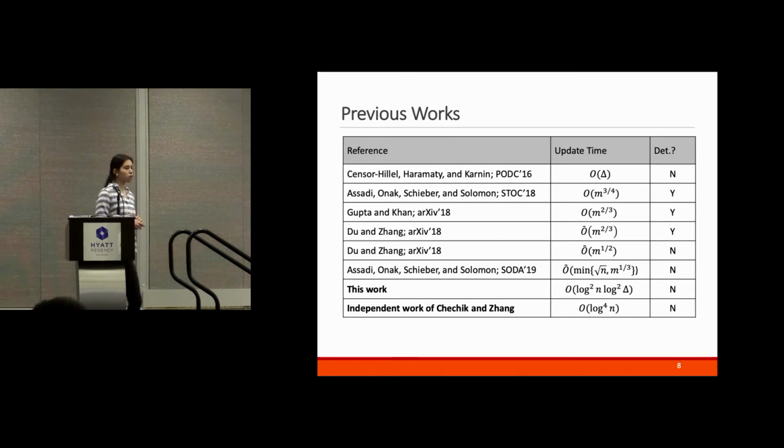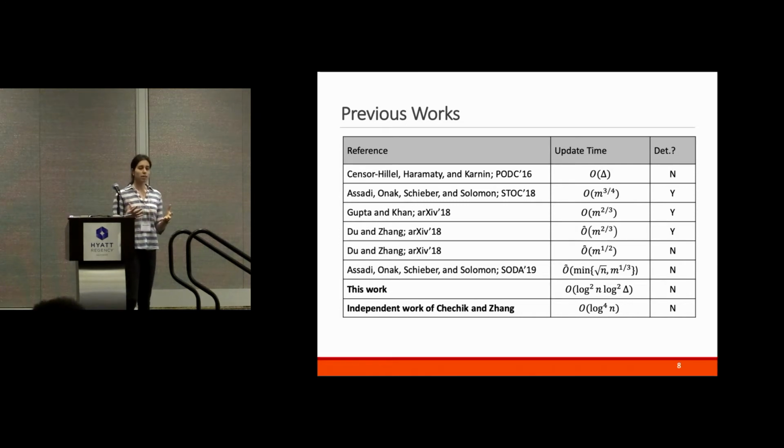The first work to consider it was in 2016 by Censor-Hillel et al. And they give the first algorithm with update time of delta, where delta is the max degree of the graph. And the first one to break the O of m barrier is by Assadi et al., which gives an update time of O of m to the power of 3/4.